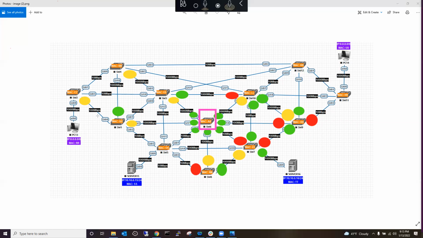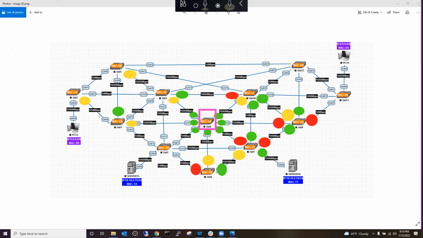Because that's switch 2's root port, so the root port wouldn't be a blocking port. Hold on, Jay. You're on the right path, but I need you to go deeper. Okay, switch 2's root port.